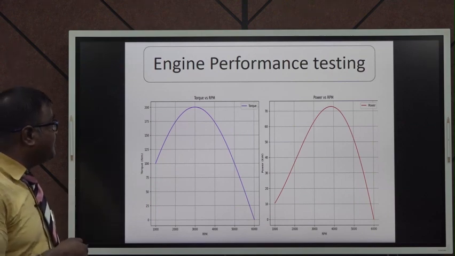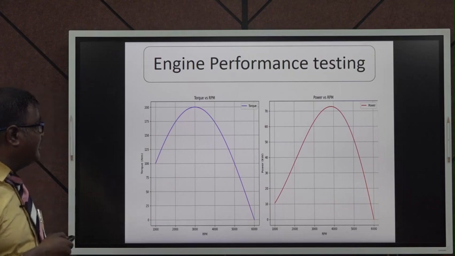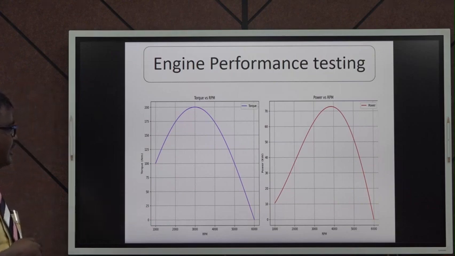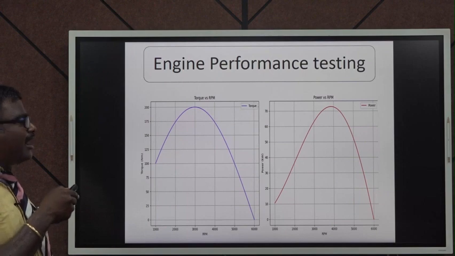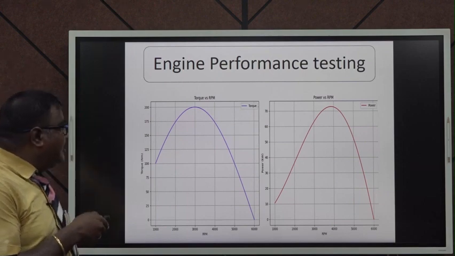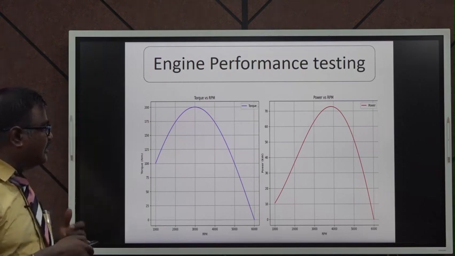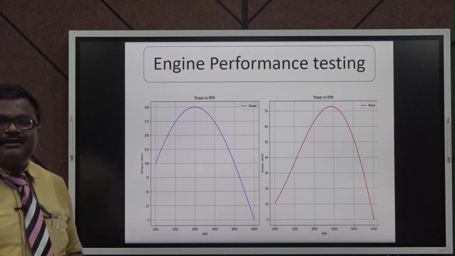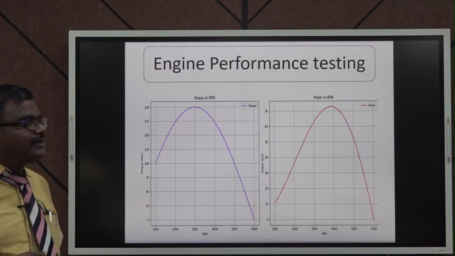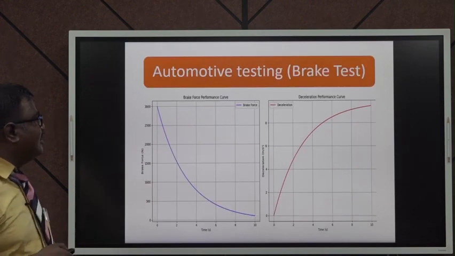In this performance, you can see that the characteristics are drawn between speed as well as torque and power. Whenever there is a rise in torque, there is a rise in mechanical power, and you have a small dip when the torque is reduced. So this is a performance curve of an engine, and in addition to that, we have the brake test.